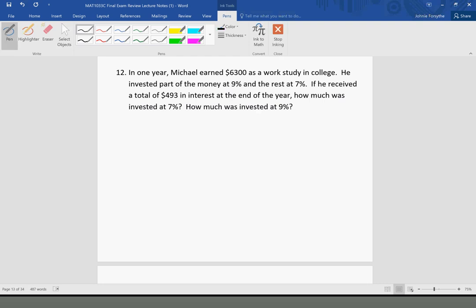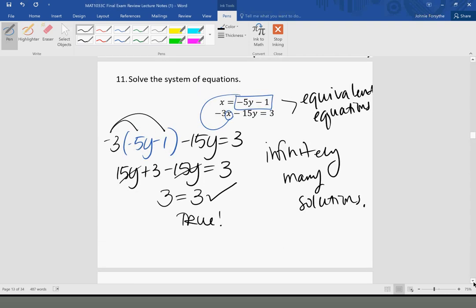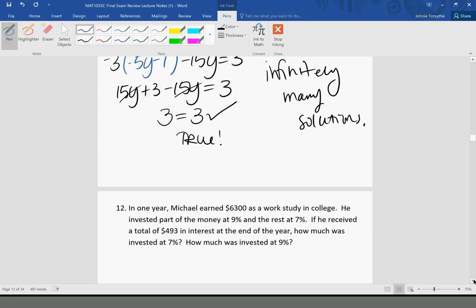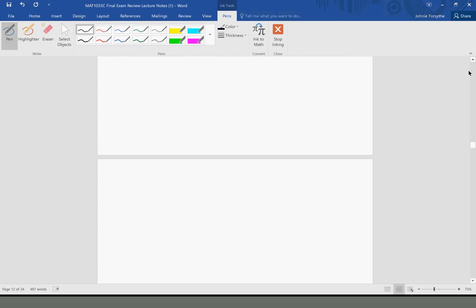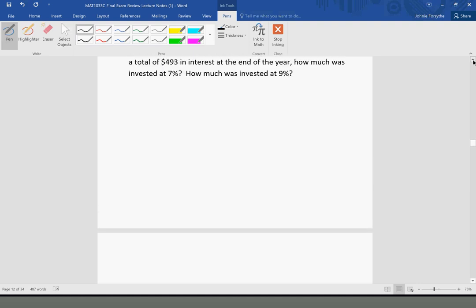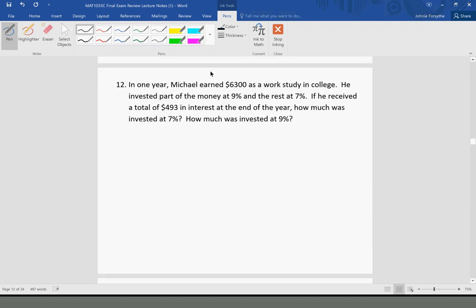So the way that I like to teach these is to set up a table to kind of help organize the information. So first off, for interest, we're going to have to use the interest formula. Okay. So I equals P R T. That is your simple interest formula.